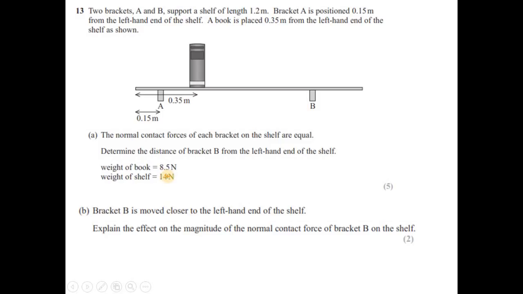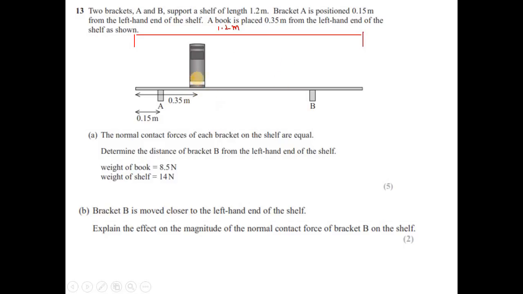Okay, so the situation is we are given the total length of the shelf, 1.2 meter. First of all you need to visualize all the forces acting in the system.